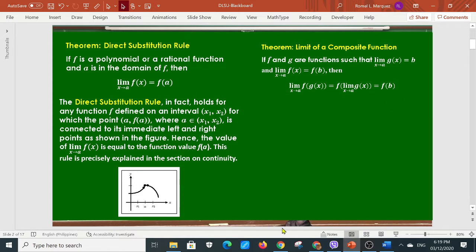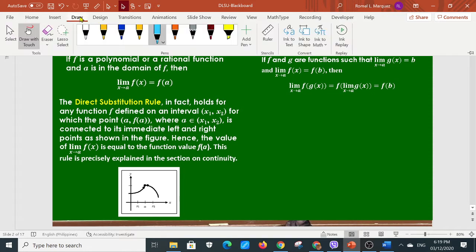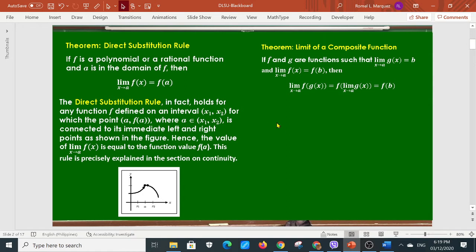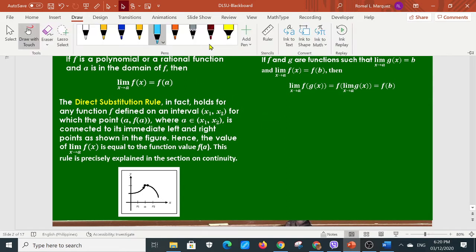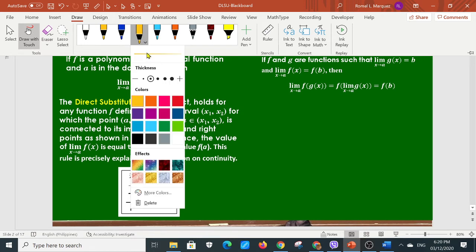And then another principle that you have to remember or recall in evaluating limits, we have the following: existence of a limit.